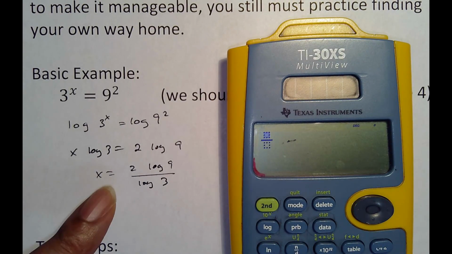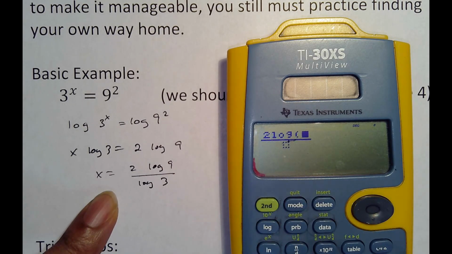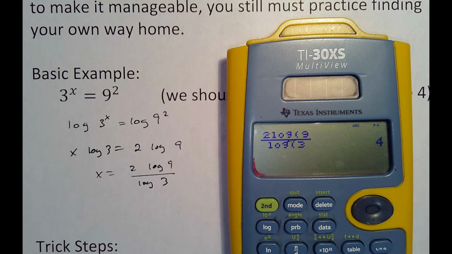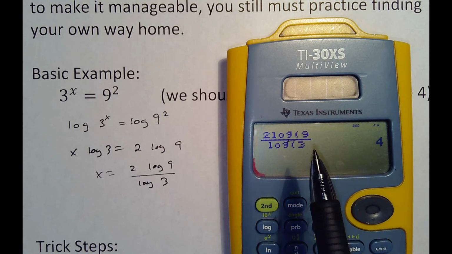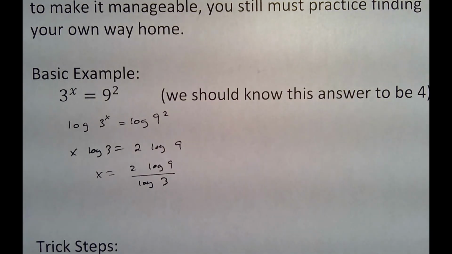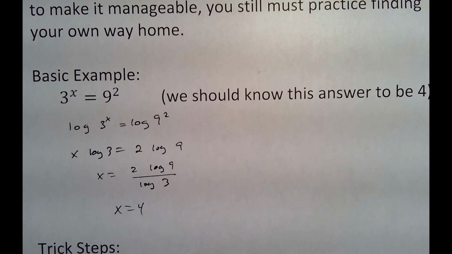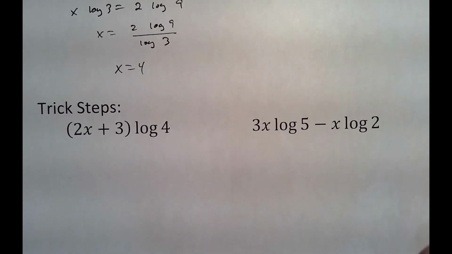Hit your n over d, 2 log of 9, over log of 3. Be careful if you combine these things a lot, because the parentheses at the side of this 9 ends up throwing things off if you're combining them together. But you did see that x is actually 4, but you have to make sure you've got that process down. Trick steps that we need to be ready for are here.